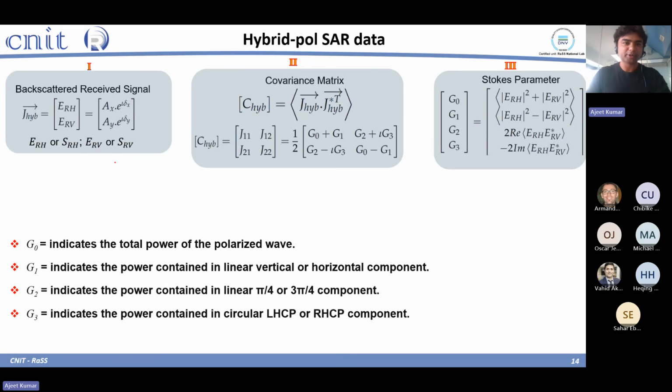In compact hybrid polarimetry, we receive the information in this form. As I already explained, RH and RV are there, and it can be converted to the covariance matrix, same as we do in full polarimetry. We multiply it with its Hermitian, the transpose and conjugate of this matrix, and you reach this beautiful 2 by 2 covariance matrix.